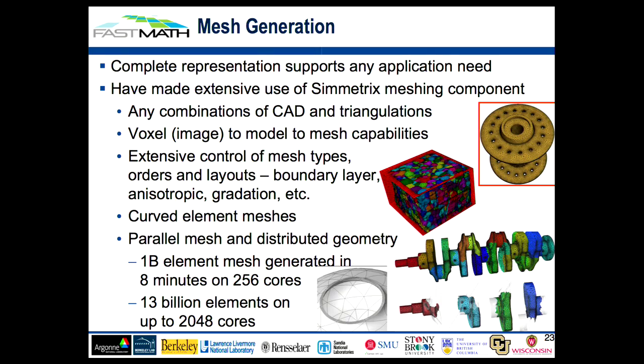In terms of the mesh generation, as I've already mentioned, we want to be able to go from CAD representations or image data directly to meshes. These are simply some examples of that. One of the reasons we tend to use these tools from Symmetrics is that the mesh generation can be run in parallel.